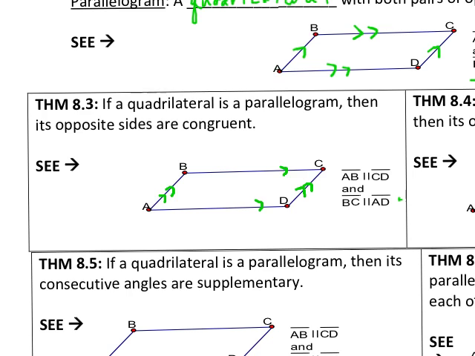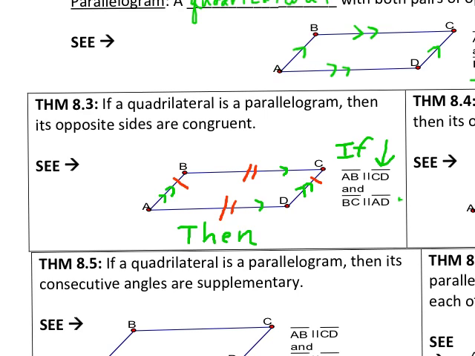It says if I know this, so if AB is parallel to CD and BC is parallel to AD, then I know that opposite sides are congruent. I'll write that in red for your learning convenience. Then I know that AB is congruent to CD and AD is congruent to BC.